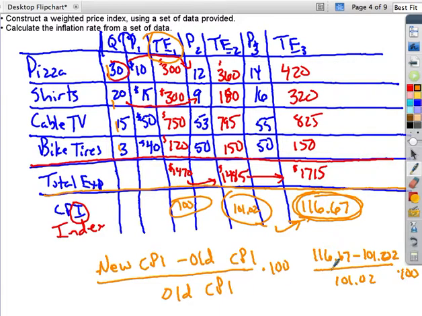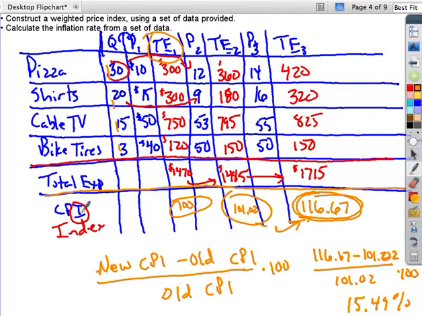If you want to hit pause, let's see, 116.67 minus 101.02 divided by 101.02 times 100. And so this gives us an inflation rate of 15.49%.